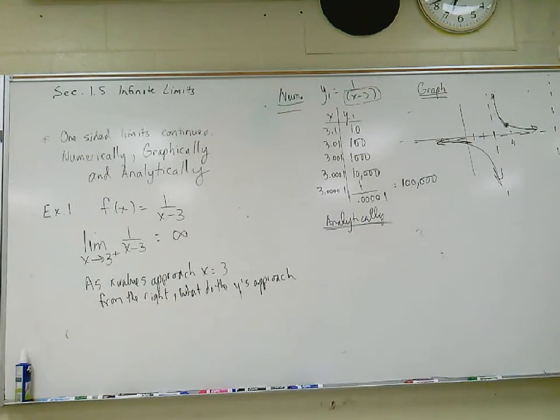You're also able to graph it in Y1. So now if I follow the graph, here's my 3. I go towards 3 from the right, and because my graph is going up here, that's the other way I can see. So looking at the picture, the limit as x approaches 3 from the right of f of x, we get infinity from the picture.